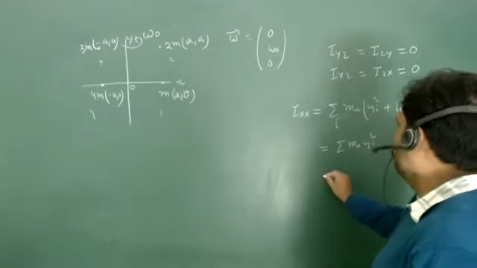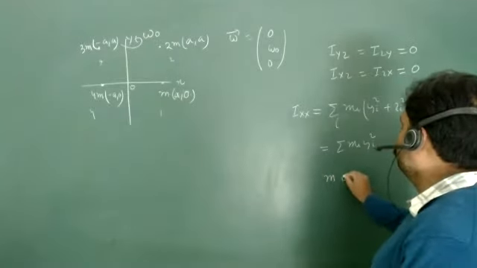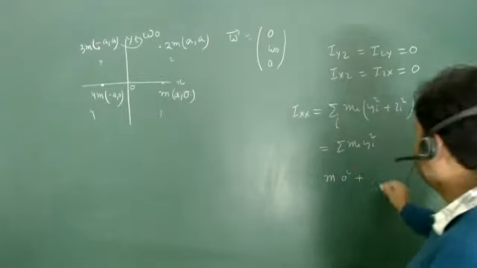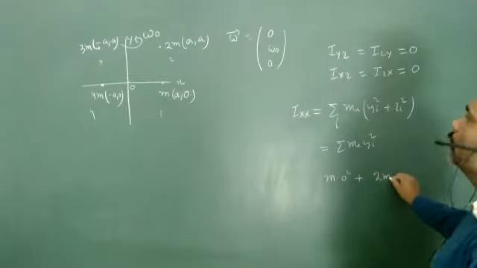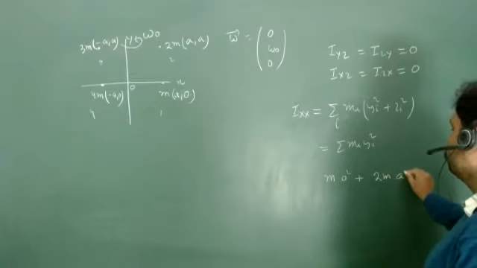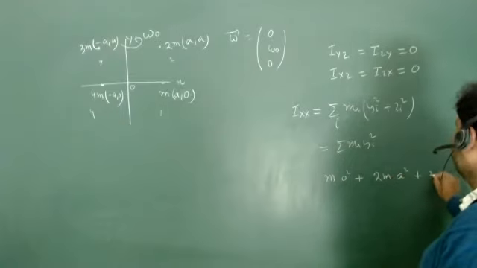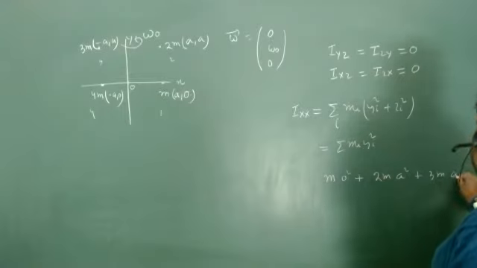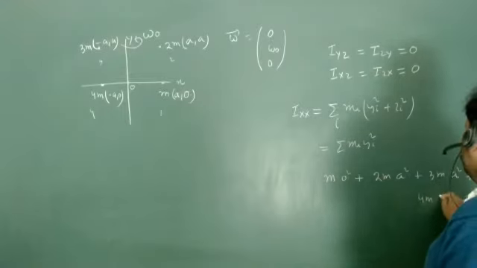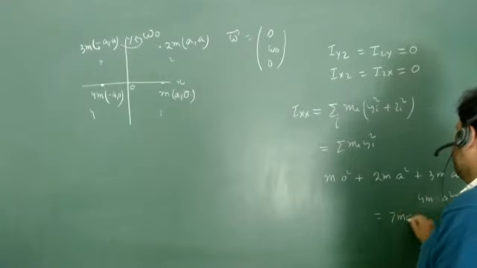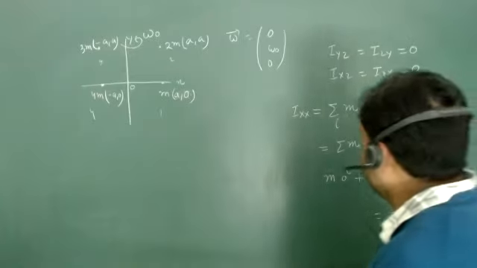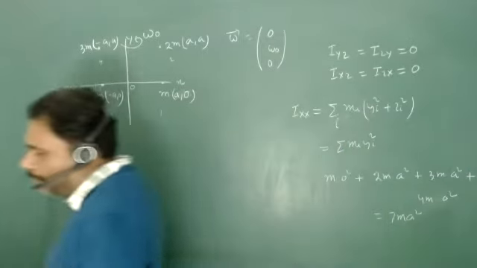We have m into 0 square. Second is 2m into a square. Third is 3m into a square. Fourth is 4m into 0 square. So that is 5 ma square. So Ixx is 5 ma square.